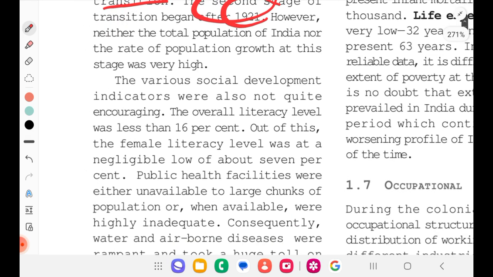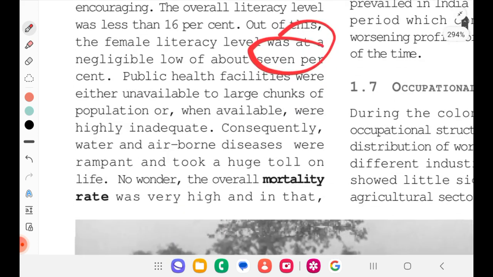The various social development indicators were also not quite encouraging. The overall literacy level was less than 16%. Out of this, the female literacy level was at a negligible low of about 7%. Public health facilities were either unavailable to large chunks of the population or, when available, were highly inadequate. Consequently, water and airborne diseases were rampant and took a huge toll on life.